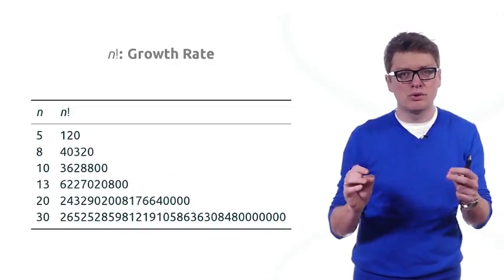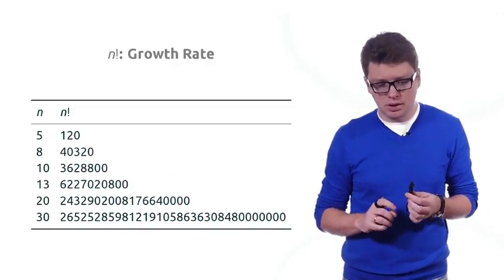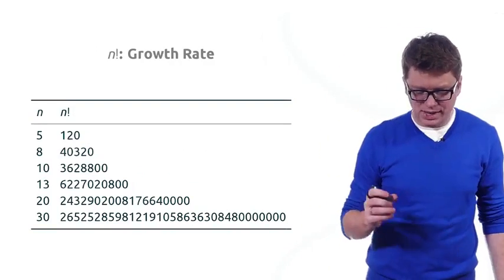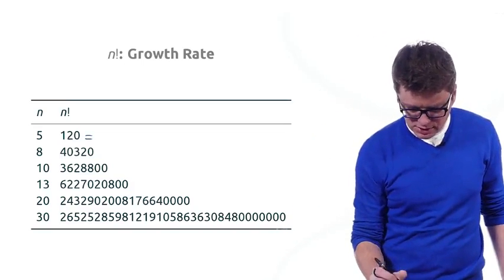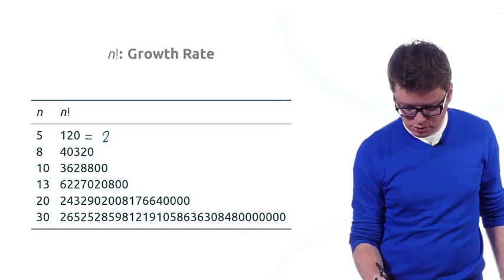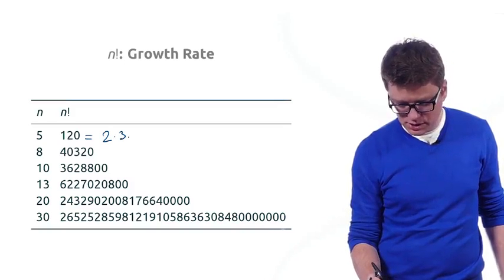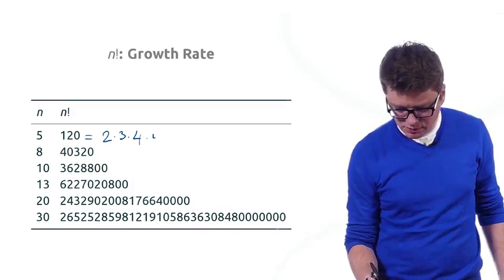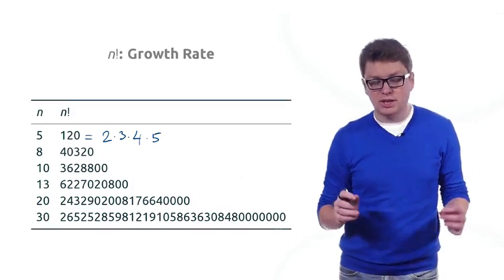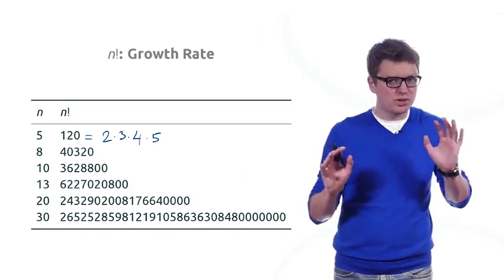Just to show you how it looks, note that n factorial when n is equal to 5 is roughly 100. Let me just remind you, this is 2 times 3, which is 6, times 4, which is 24, and times 5, which finally gives you 120. This is a reasonable number.